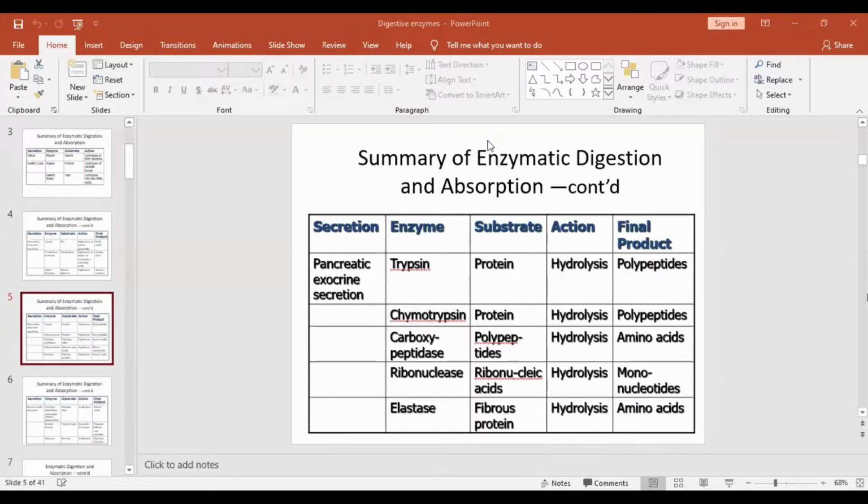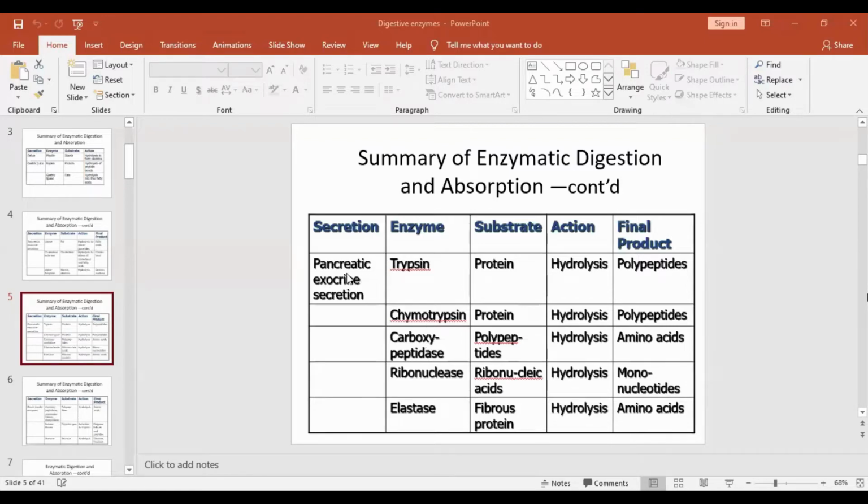Similarly, the other pancreatic enzymes are as follows: trypsin. The substrate for trypsin is protein; it causes hydrolysis, and the final product is polypeptides. Chymotrypsin, carboxypeptidase, ribonuclease, and elastase are also present in the pancreatic secretion.